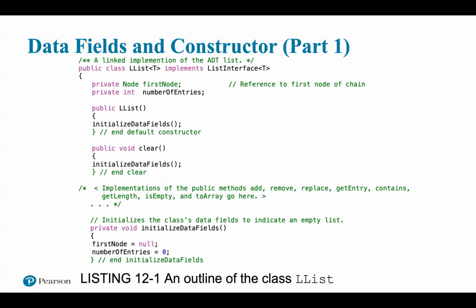Define a generic type T for the objects in the list. We plan to define a chain of list nodes to contain the list entries. Thus, we need the class Node, which we have used in our previous discussions, and so we define it as an inner class of LList. The generic type T that appears in the LList header is the same one that we used in the class Node.